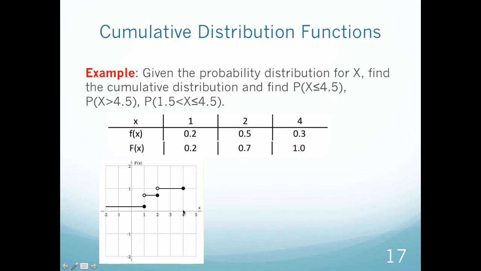So x equals 4, I include the number 1, and I have that all the way down to 2 over here, but not including 2. So that's what a graph of this cumulative distribution function would look like, okay? So notice I have x on my x-axis, and then I have capital F of x, which is my cumulative distribution function on my y-axis.